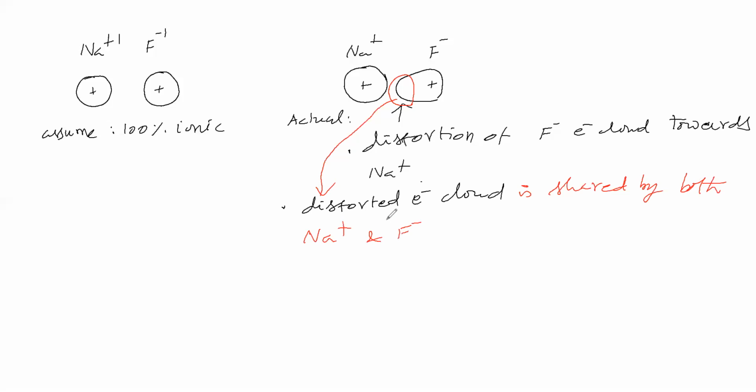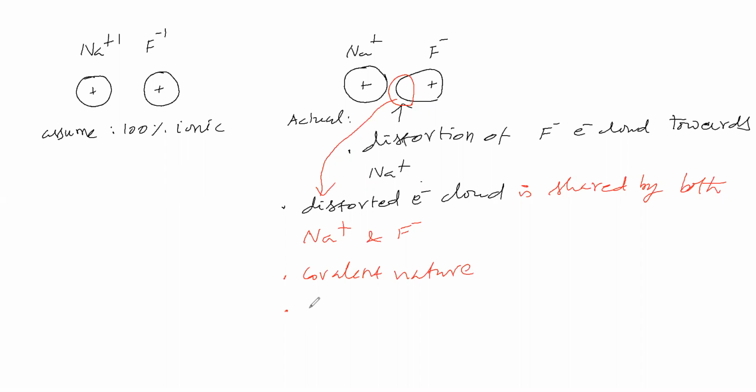Shared, what is the meaning? Covalent nature. Therefore, since the electron cloud is going for sharing, covalent nature is there.